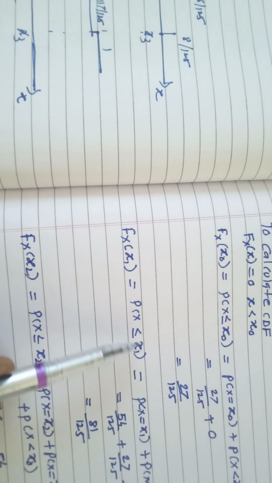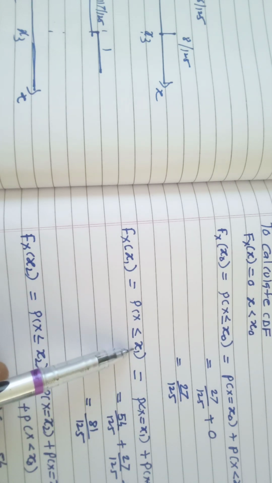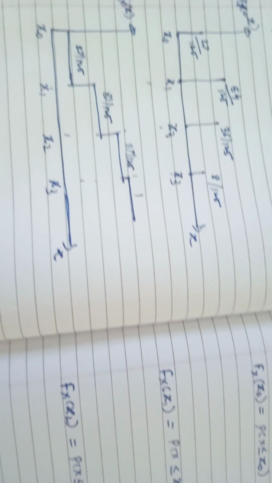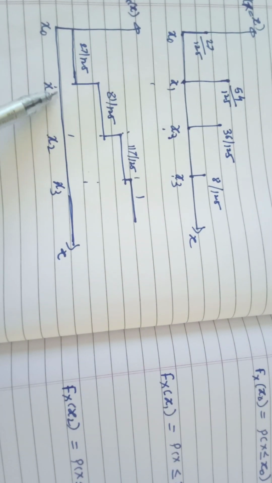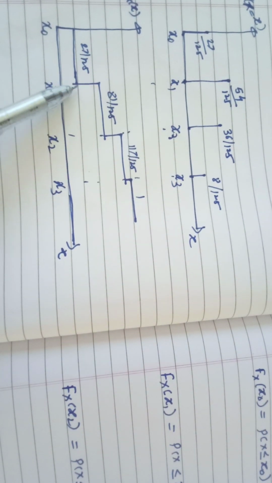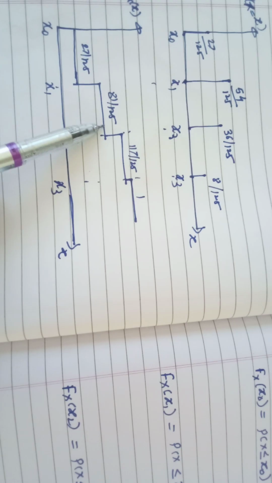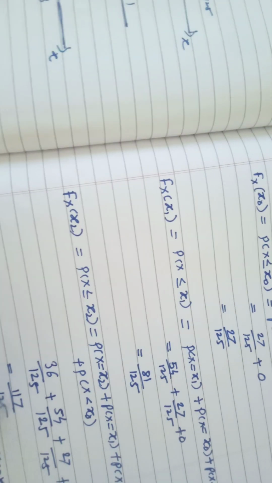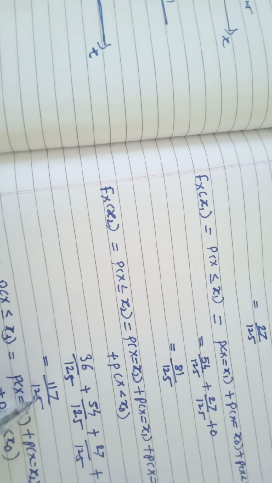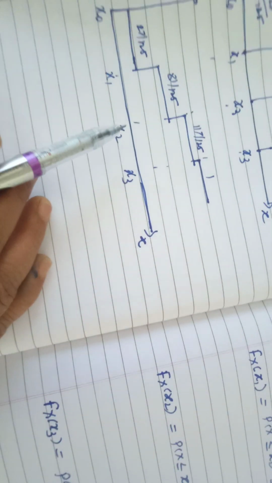Then probability X less than or equal to x1 is equal to 81 by 125. At x2 it is equal to 117 by 125.